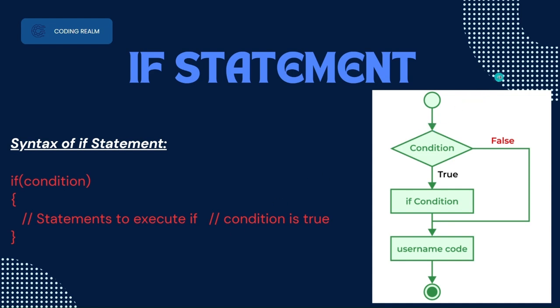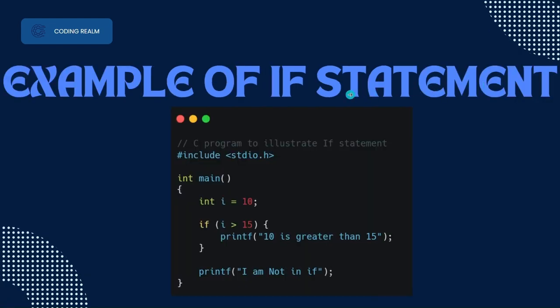Now let's see an example about the if statement. We will start with #include <stdio.h>, int main, and int i. I declared here an integer i equal to 10. And here I need to use the if statement.